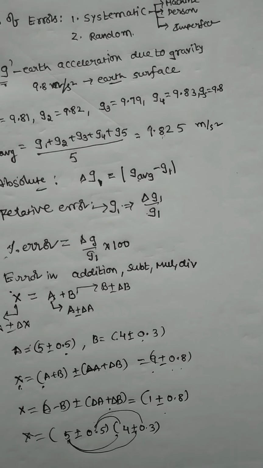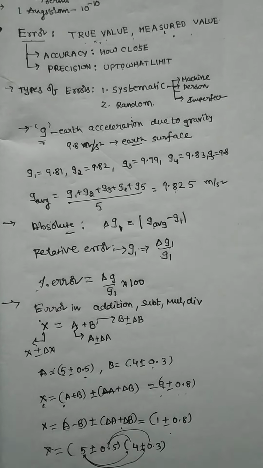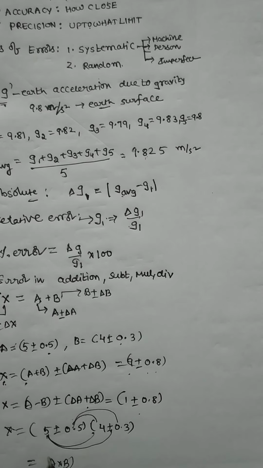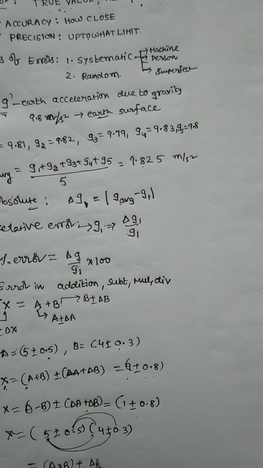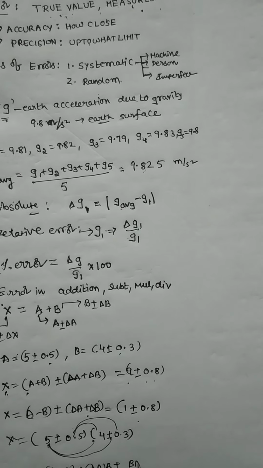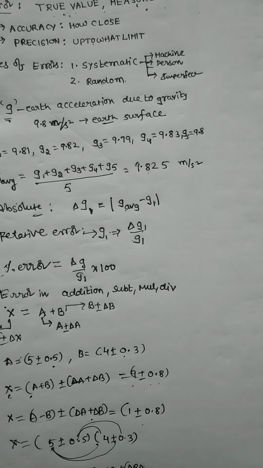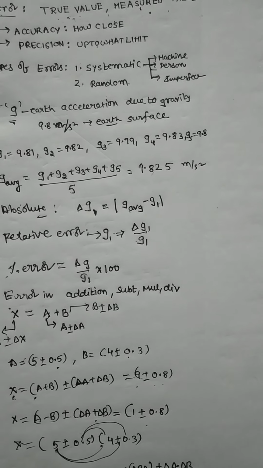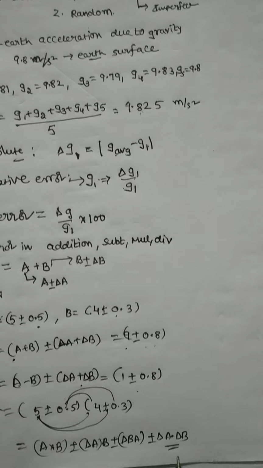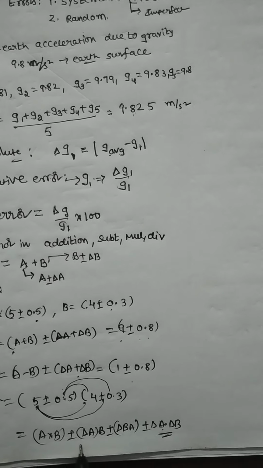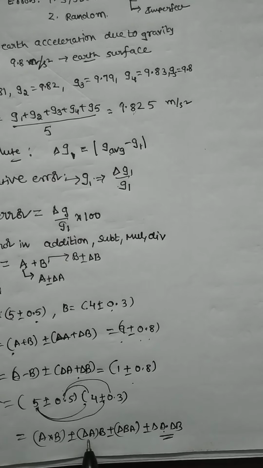So in terms of a and b, you will write a multiplied with b, delta a multiplied with b, delta b multiplied with a, plus or minus delta a multiplied with delta b. If delta a multiplied with delta b is least, it is neglected. The remaining error value is like this.